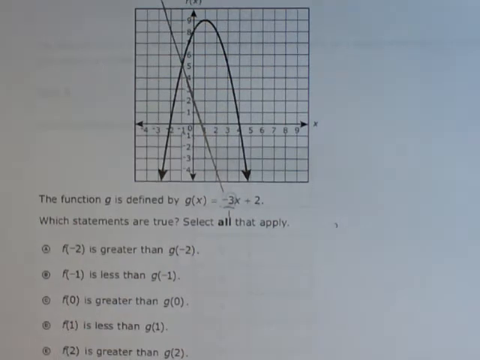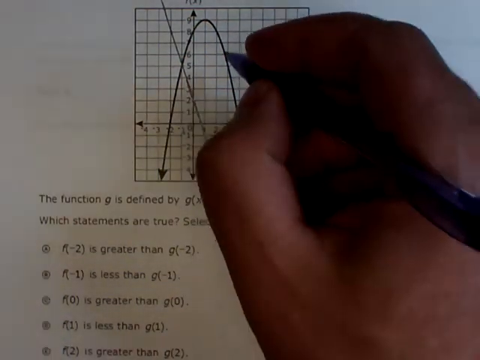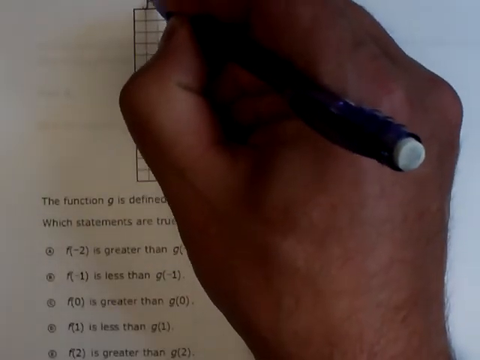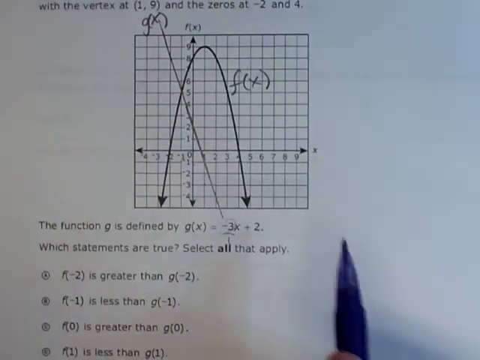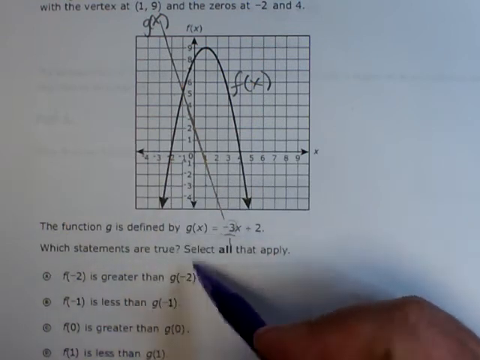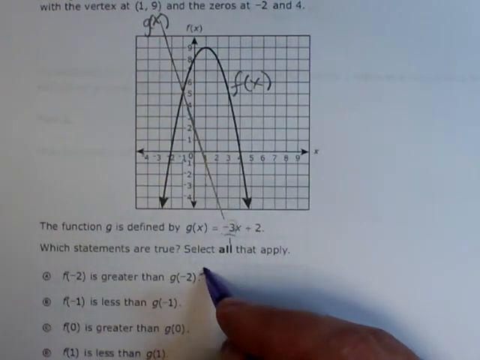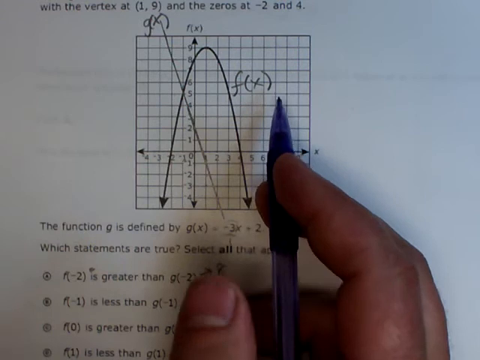So, let me label these. This is f of x and this is g of x. F of -2 is greater than g of -2? No. G of -2 is 8. F of -2 is 0.